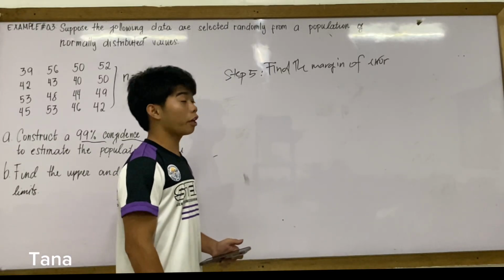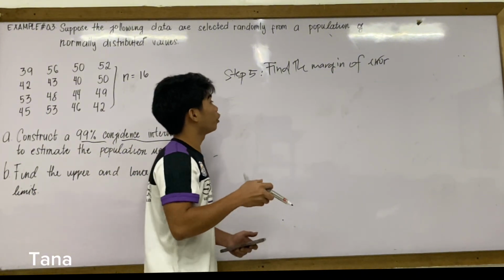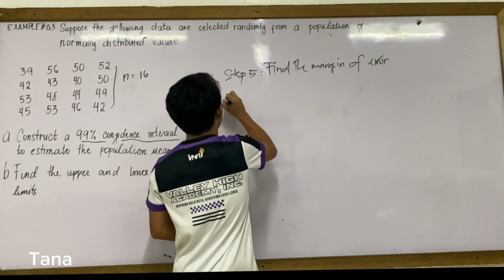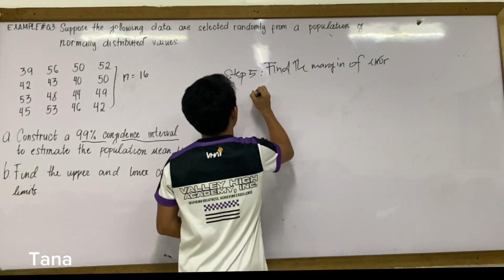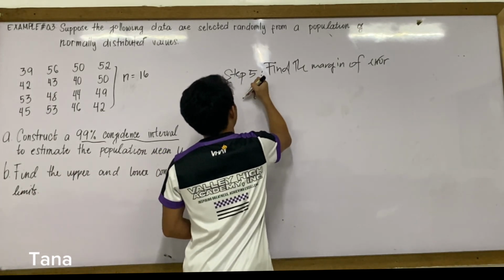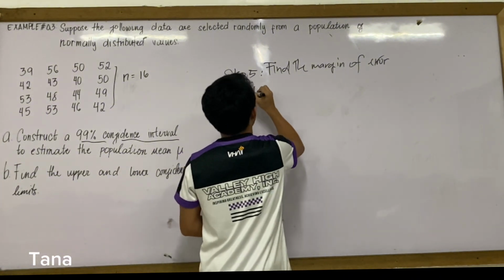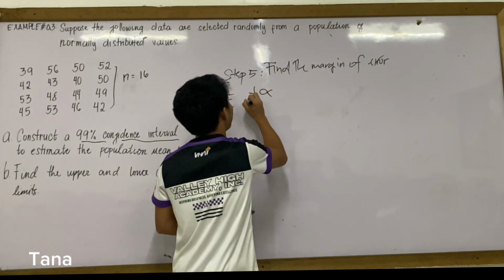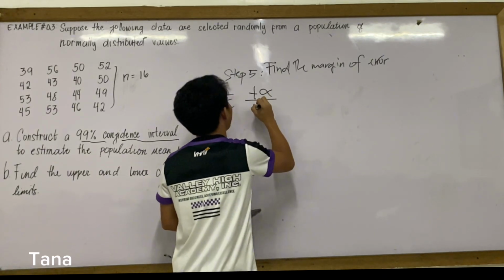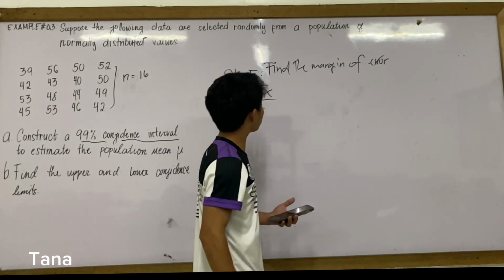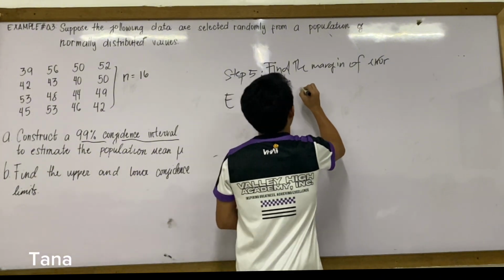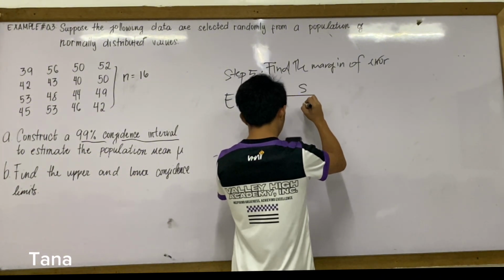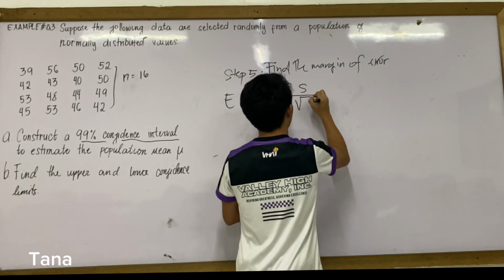Step 5 is to find the margin of error. To find the margin of error, we use this formula: the margin of error is the critical value of t alpha over 2 times s over the square root of n.